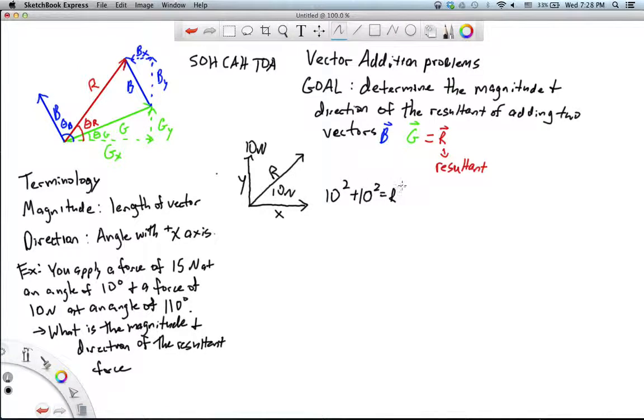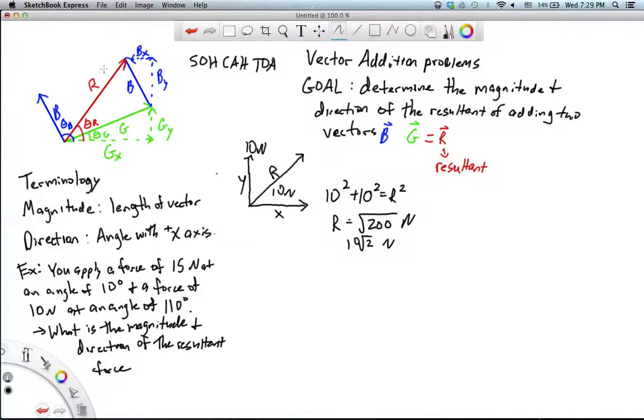So r is equal to the square root of 200, and that would be newtons. So this is the square root of 2 times 10 newtons. This is what I mean by finding the sum of two vectors. You have one vector and another vector, and you have to add them in such a way that you can get the resultant vector.